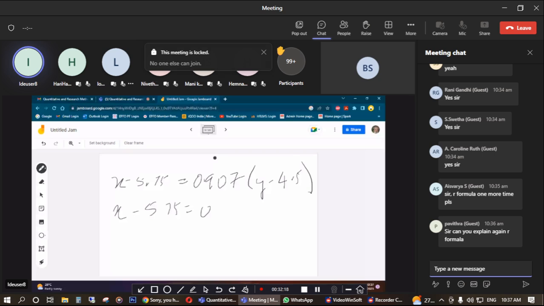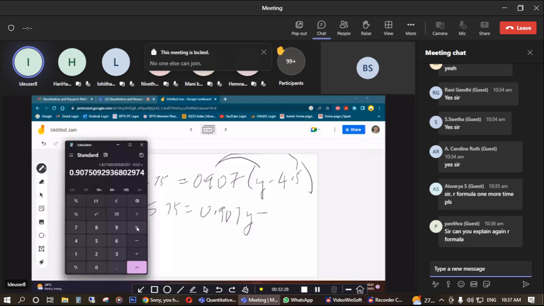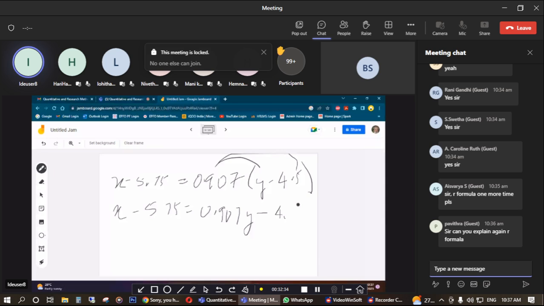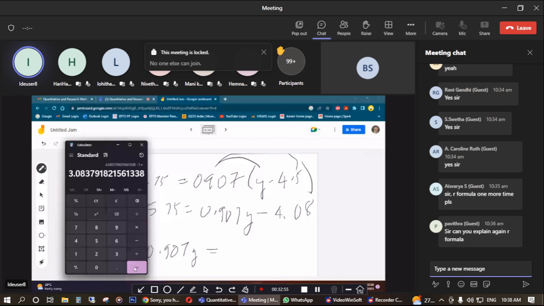Minus 0.907 multiplied by 4.5 gives 4.08. When you transfer this side, it will become minus 0.907 y is equal to minus 4.08, and when 5.75 comes this side, it will be plus.